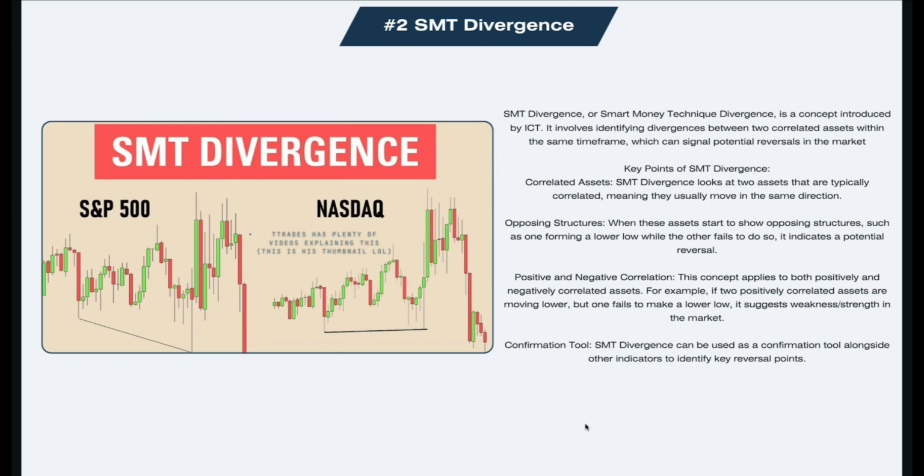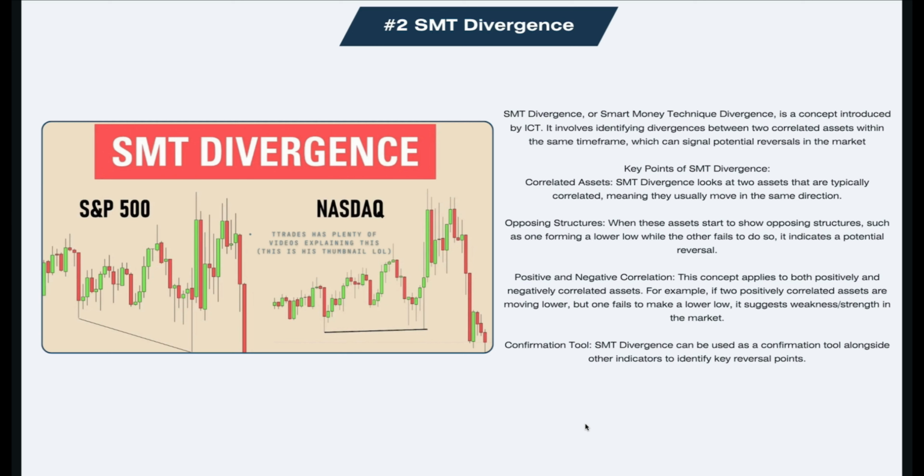Key points of SMT divergence. Correlated assets: SMT divergence looks at two assets that are typically correlated, meaning they usually move in the same direction. Opposing structures: when these assets start to show opposing structures, such as one forming a lower low while the other fails to do so, it indicates a potential reversal.